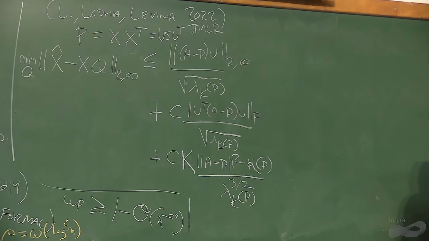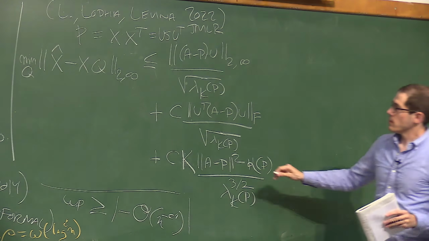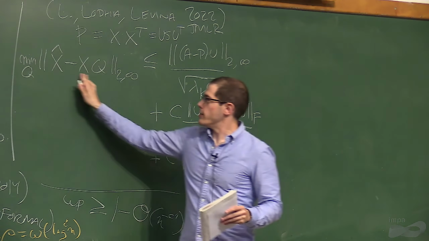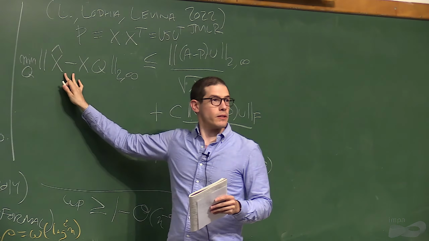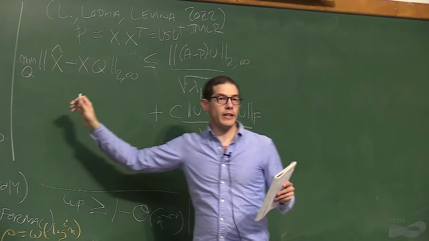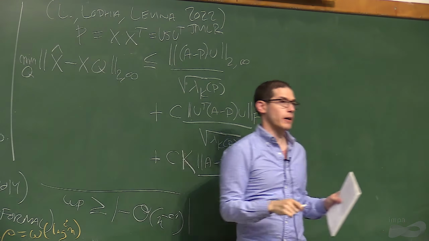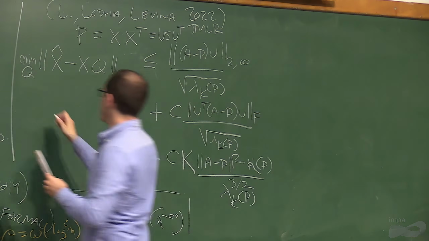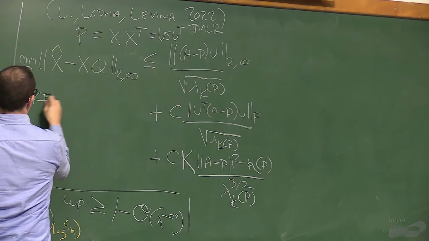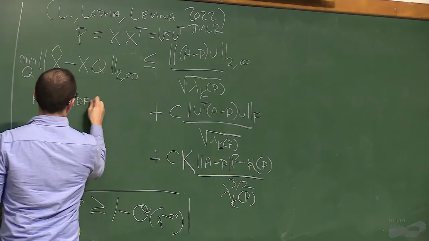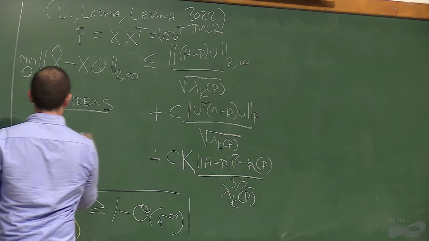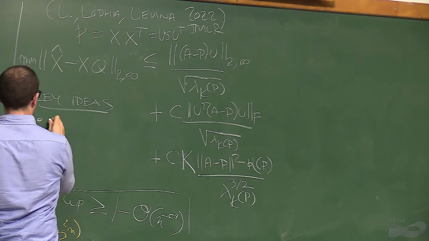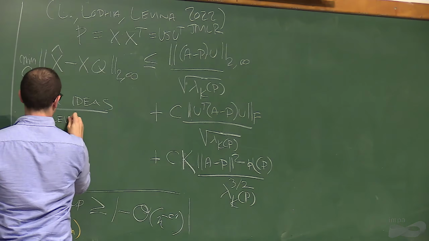Okay. So you do a bunch of clever adding and subtracting of terms. And then you apply the triangle inequality, and you use some properties of the 2 to infinity bound. So two key ideas here for why this works. One, a clever decomposition.